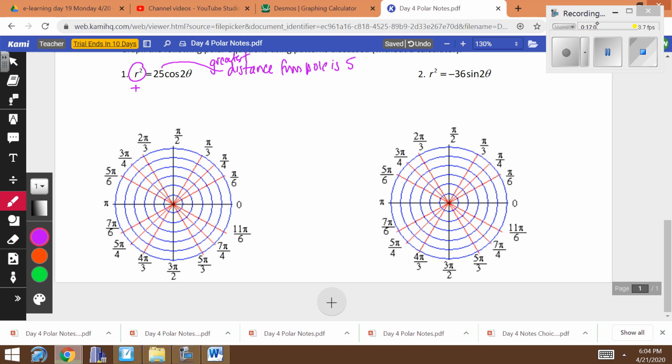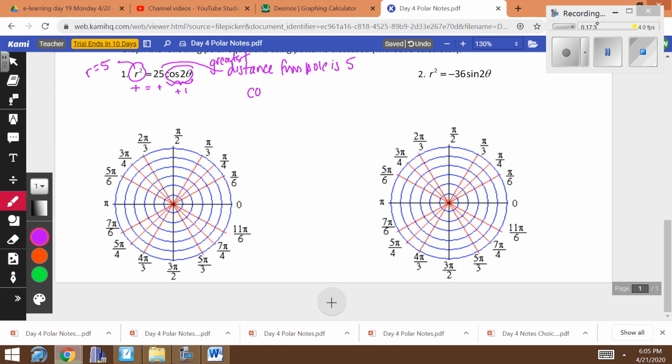We need to know where that part is positive. So in order for r to be 5, I would need the cosine of 2 theta to equal positive 1, right? Because again, you would have 5 squared equal to 25 times positive 1.